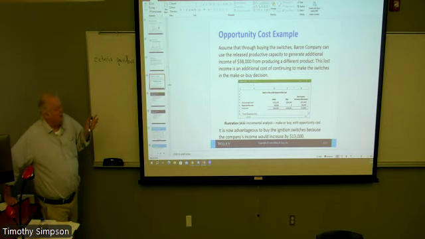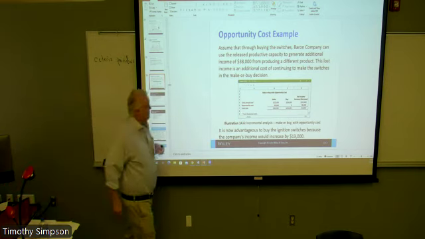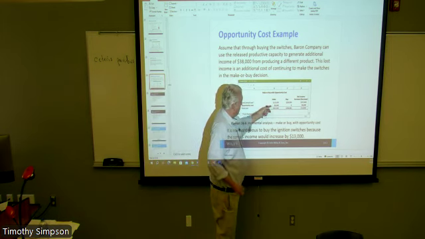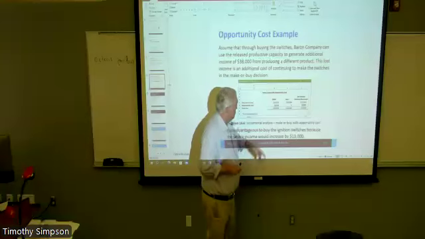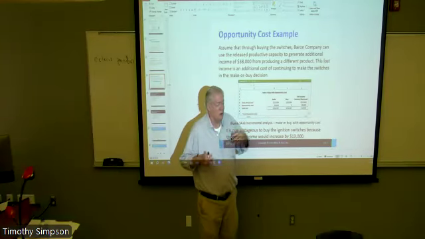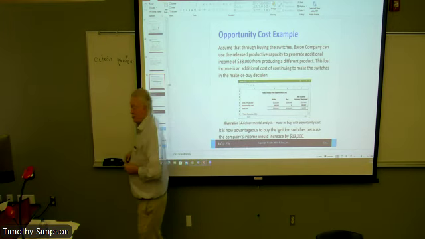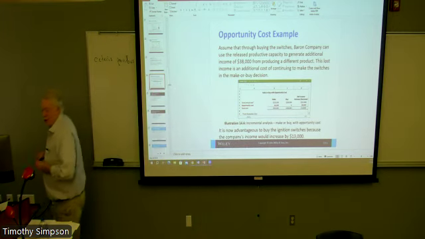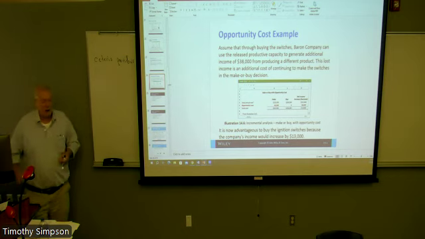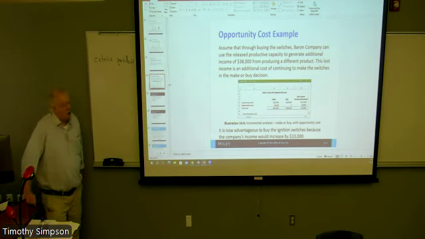But in this case, what if we decide not to buy it and to make it? Then we can free up resources that will allow us to produce 38,000 of extra revenue. Therefore, the decision changes. These are what we call relevant revenues and relevant costs, and we have to take account of that. If we don't, we're going to make bad decisions.